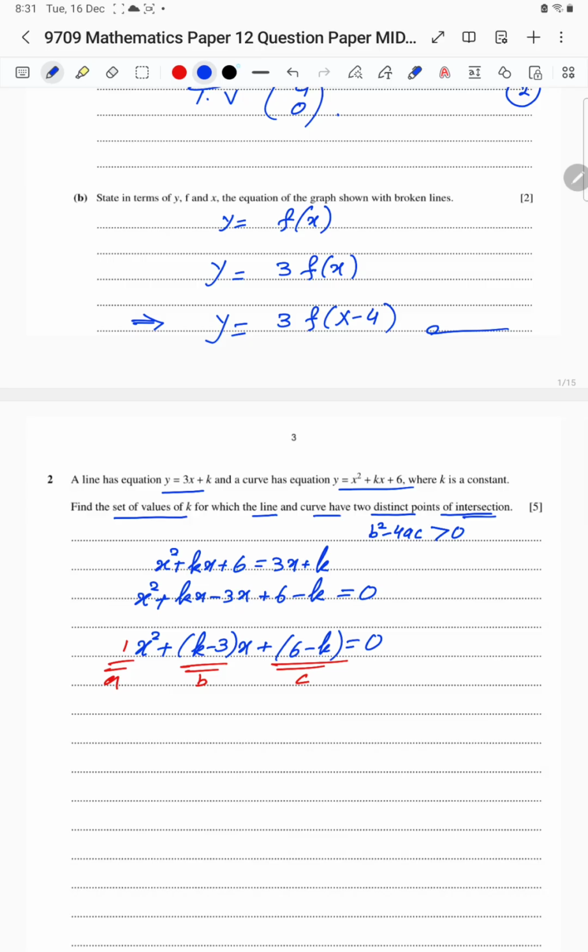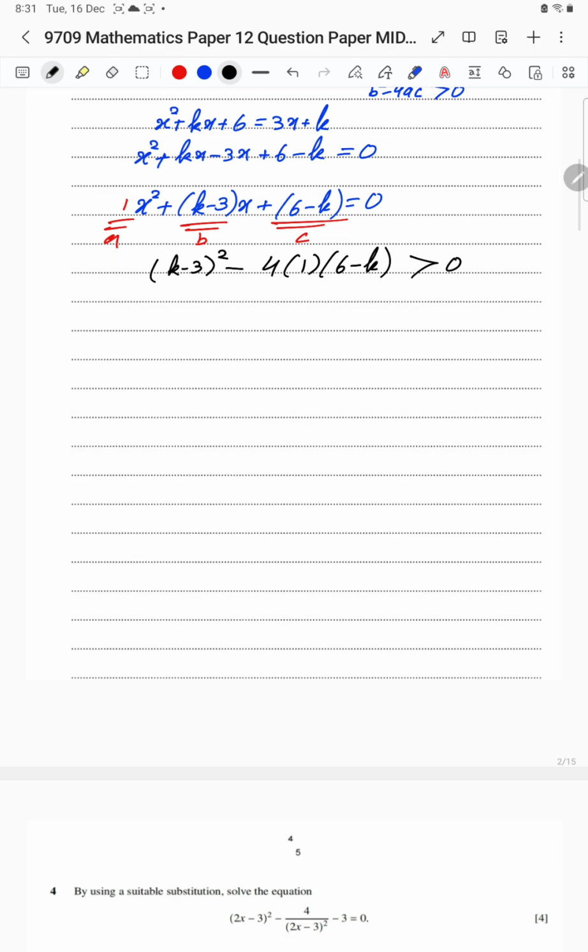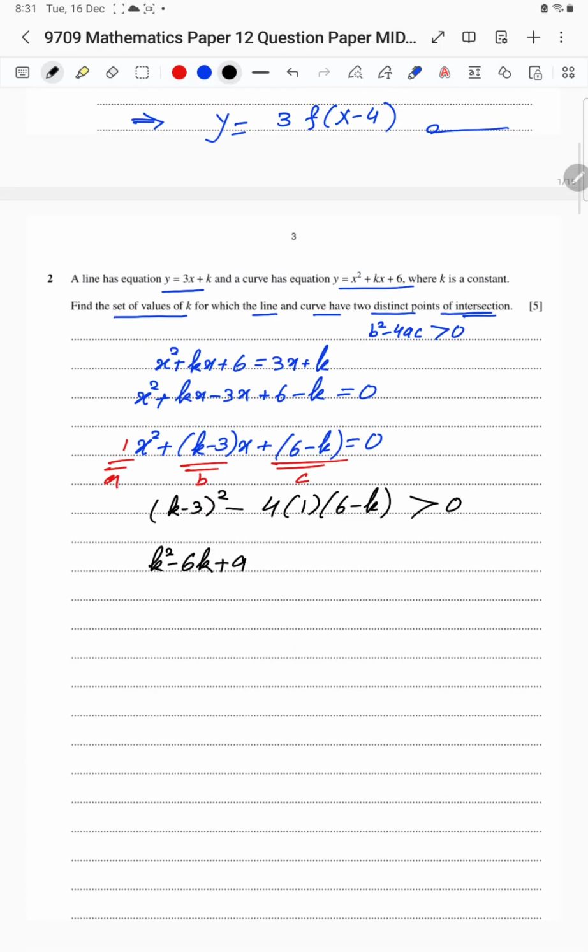Apply in the formula b squared minus 4ac: (k minus 3) whole squared minus 4 times a times (6 minus k), that is bigger than 0. Expand it, I will get k squared minus 6k plus 9. You will need to be very careful while expanding it. Minus 24 plus 4k is bigger than 0. So after further simplification, k squared minus 2k minus 15 is bigger than 0.